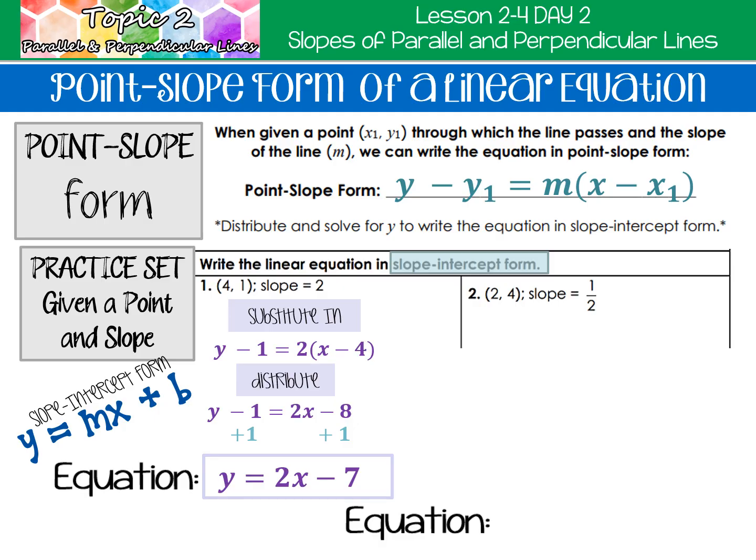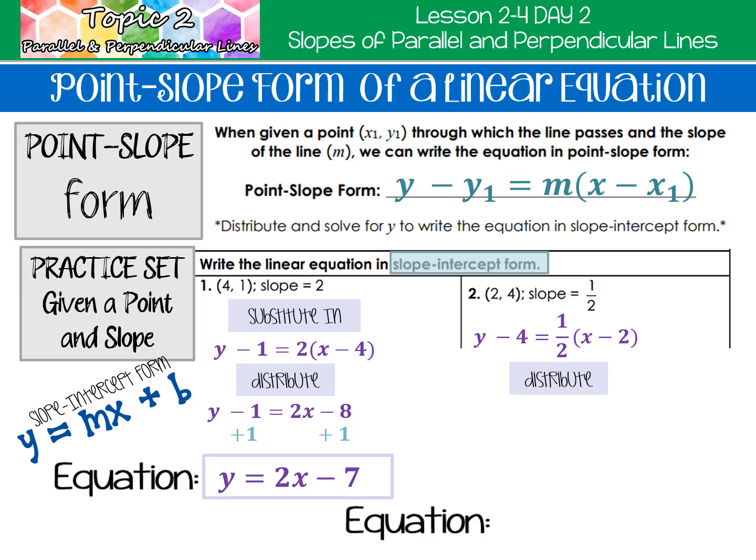Here's another one. We have the point 2, 4. Slope is 1/2 this time. Let's plug it in to our point slope form of an equation. Using the values from our point and our slope, we're going to have to distribute again. That's okay that it's a fraction.